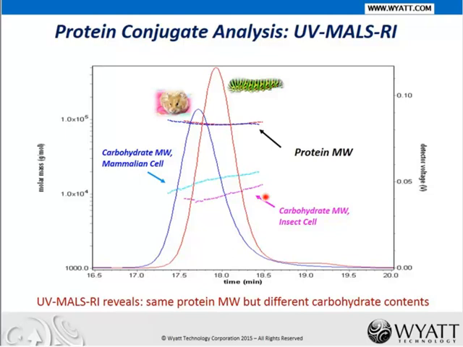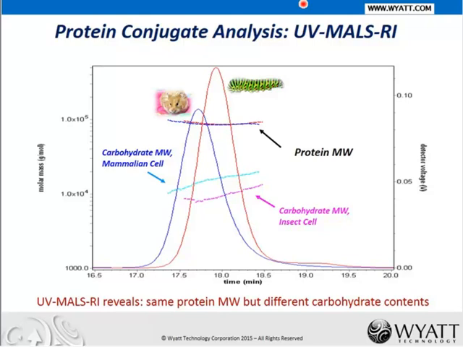The one from insect cells has a lower content of carbohydrate, with a degree of glycosylation of only 10%. So by using the light scattering detector with UV and RI, we can reveal that those two samples have the same protein but different contents of carbohydrates.